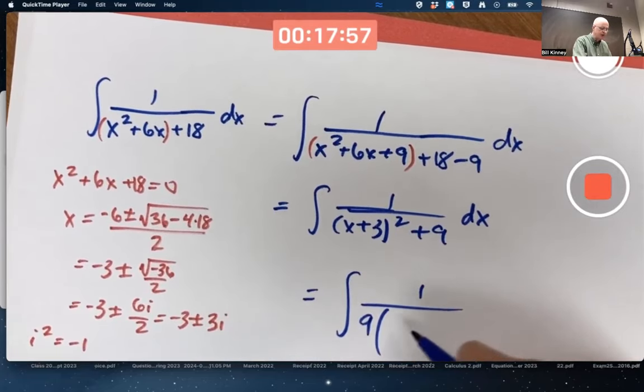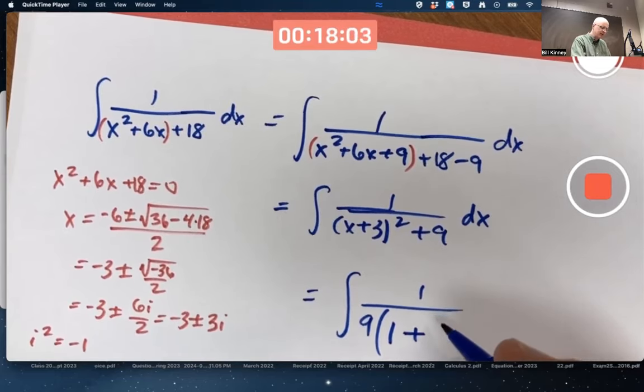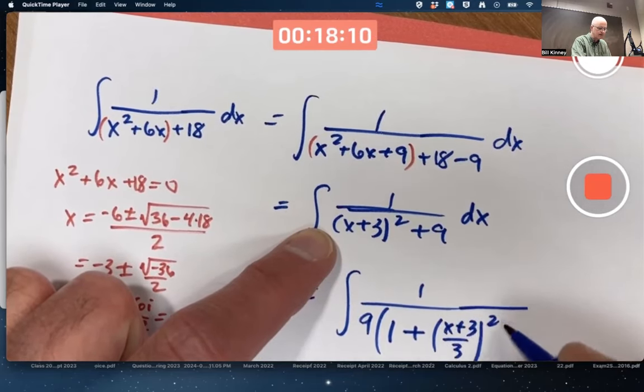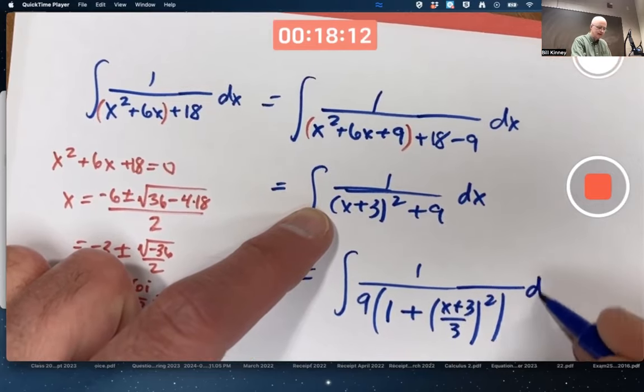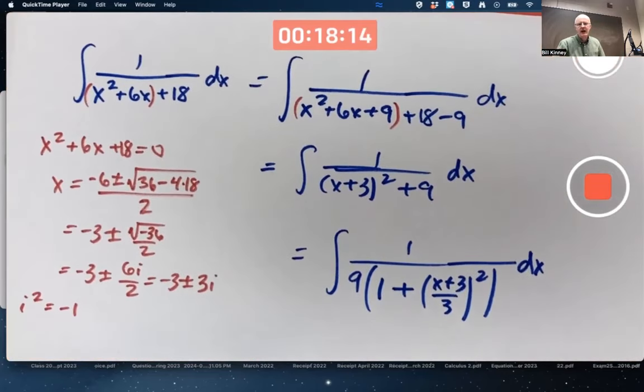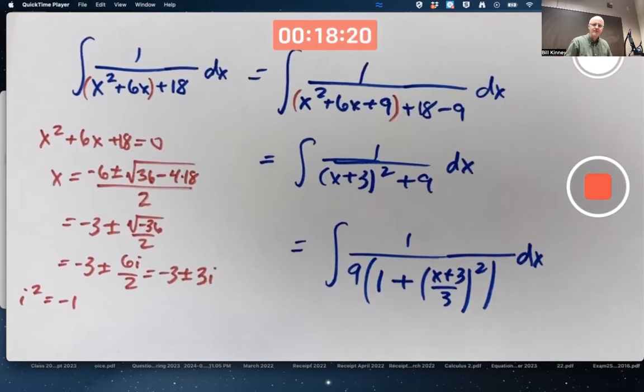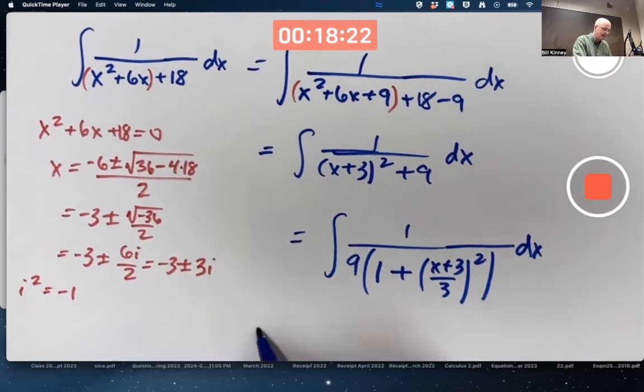And maybe I'll put the 1 in front to make it more similar to the way we usually write it. It would be x plus 3 squared over 9, which is the same as x plus 3 over 3 quantity squared. This is just a weird, fancy way of rewriting the original function in a way that's going to be easier to integrate, even though it might not seem that way. I'll factor out the 9 in the bottom there as a 1/9 in front of the integral.